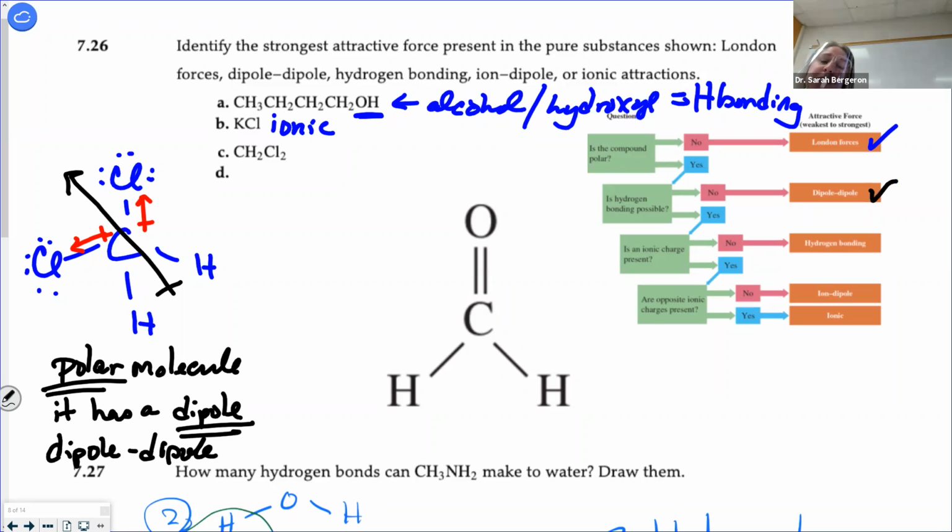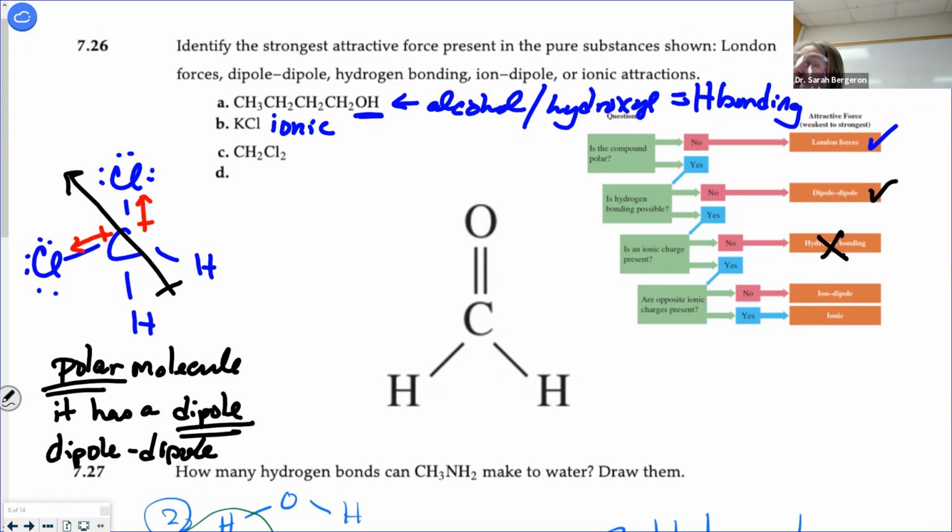Do we have hydrogen bonding? No, we don't have hydrogen bound to an electronegative atom, so we can't have hydrogen bonding. Do we have ion-dipole interactions? Do we have any ions? I don't see anything fully negative or fully positive.